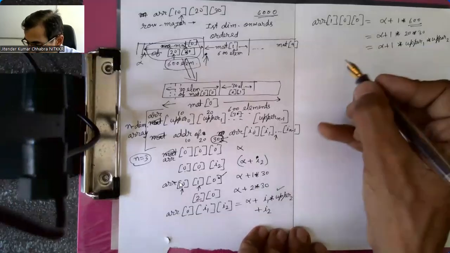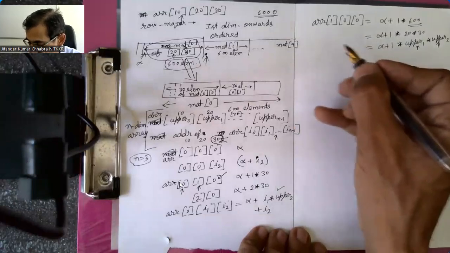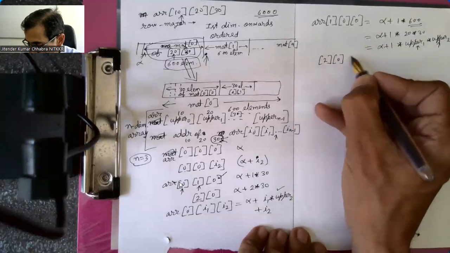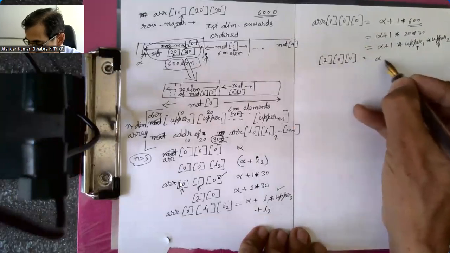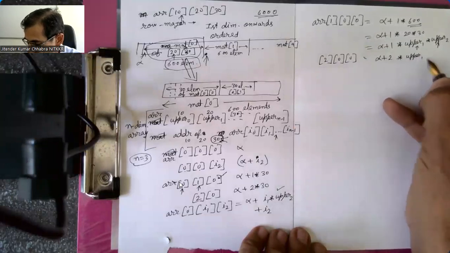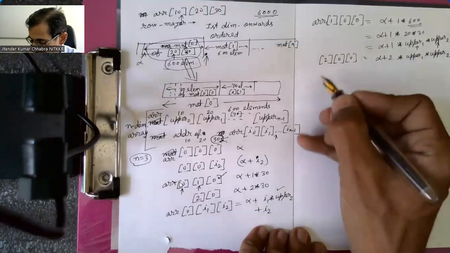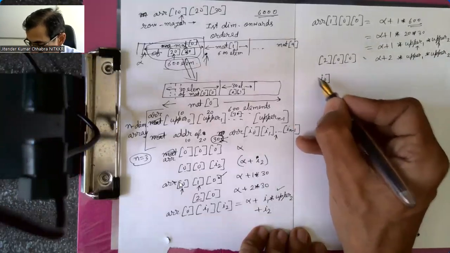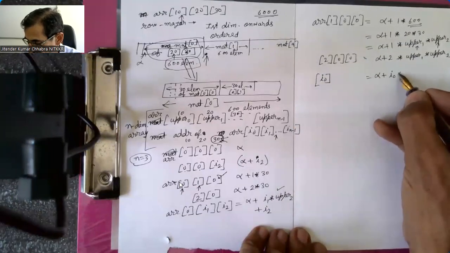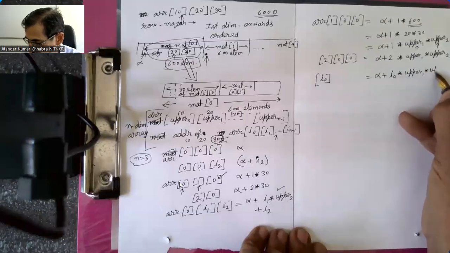So ideally, I can now say upper 1 and upper 2 come into the picture. If it is array 2, 0, 0, it will mean alpha plus 2 into upper 1 into upper 2. In general, if I say let it be I0, it will mean alpha plus I0 into upper 1 into upper 2.